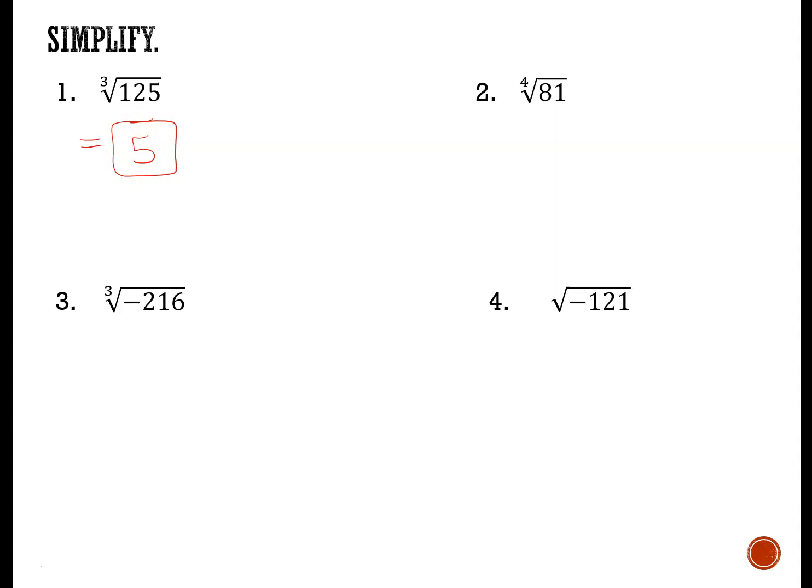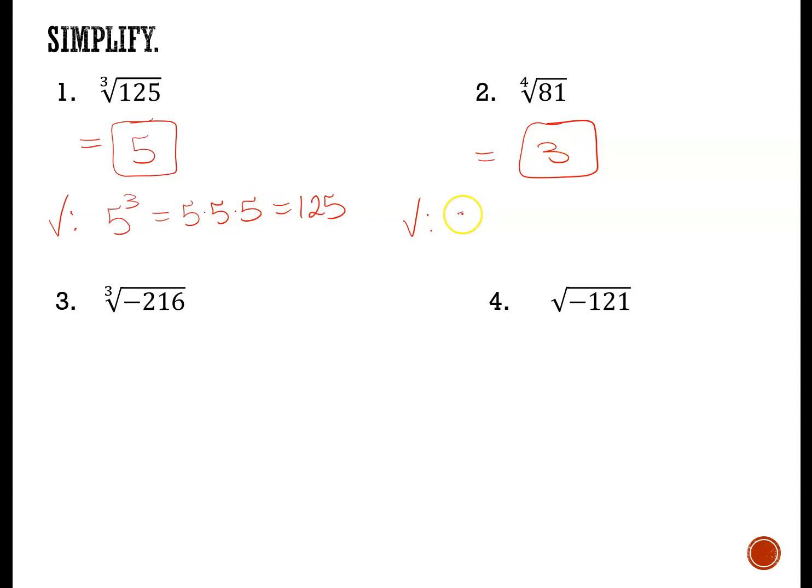Number 2, we have a fourth root. And the easy way to do that is to square root twice. So first we think square root of 81 is 9, and the square root of 9 is 3. Now if you want to check that, and we could check this one too, how we would check it would be to take that answer, in this case to the third power, and make sure that that does equal 125.